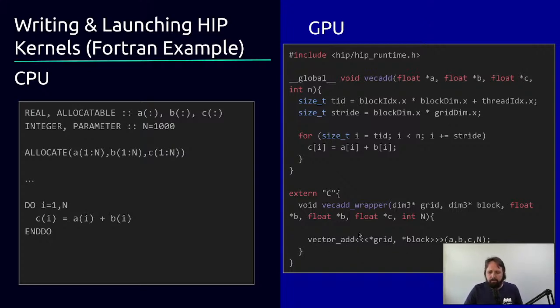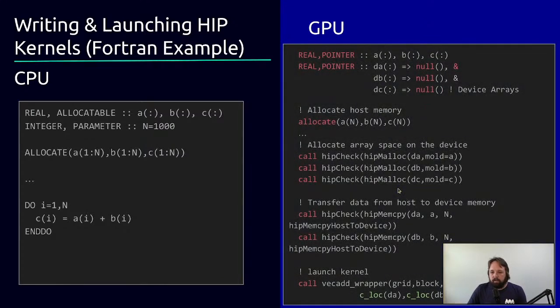We have the name of the function, and in the chevron syntax you basically tell the GPU how many threads you have per block, that's over here, and then how many blocks you have in that grid. Then we'll just pass our arguments right across. So there are the first two ingredients: we have our kernel, and we have our kernel wrapper.